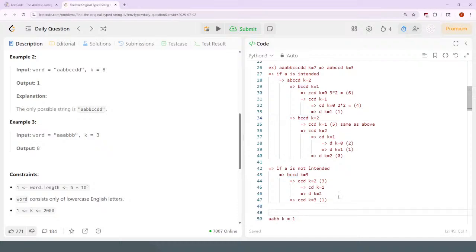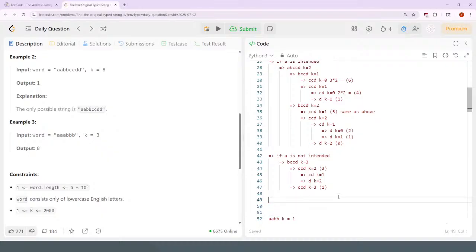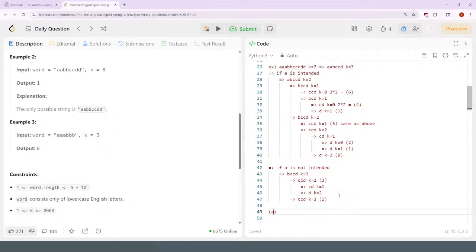So what am I thinking of right now? What are the states I'm thinking of? The initial state is A, B, C, C, D, k equals 3.